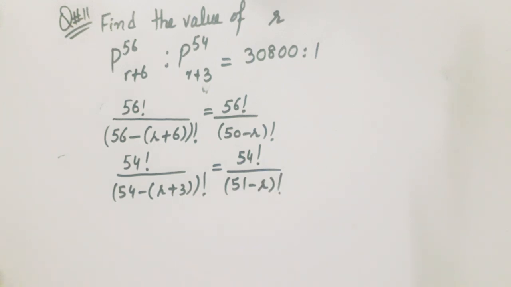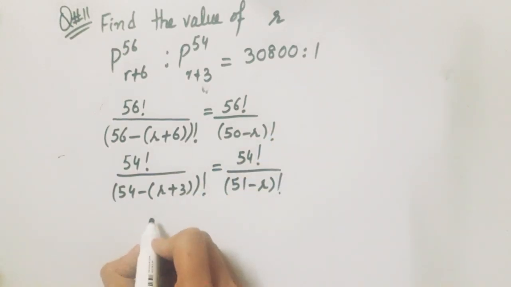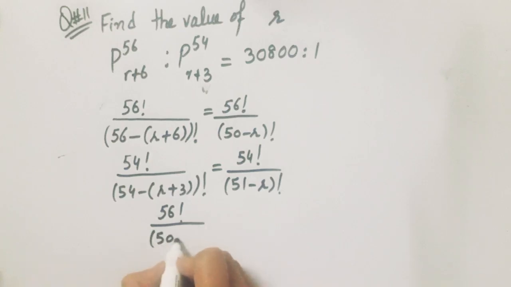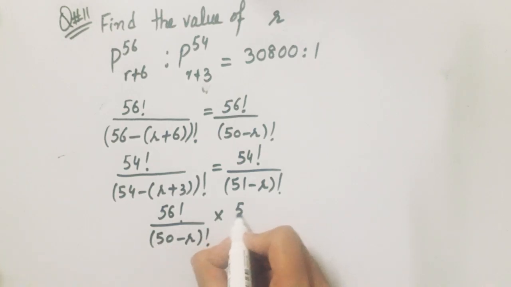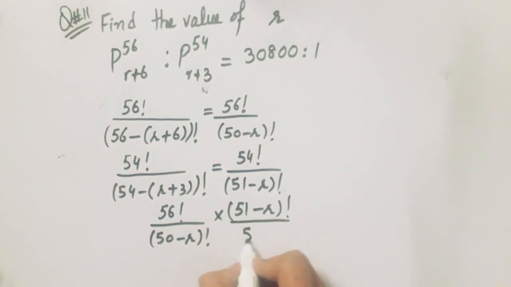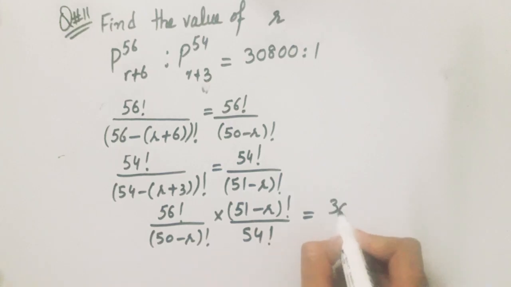Now write this in the ratio form. It will become 56 factorial by (50 minus r) factorial, multiplied by (51 minus r) factorial and divided by 54 factorial, and this is equal to 30800.